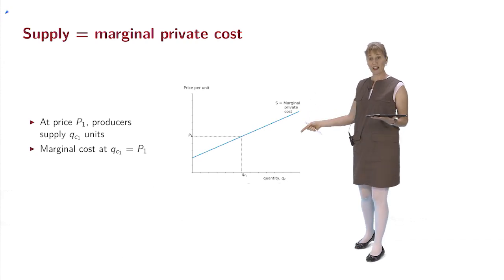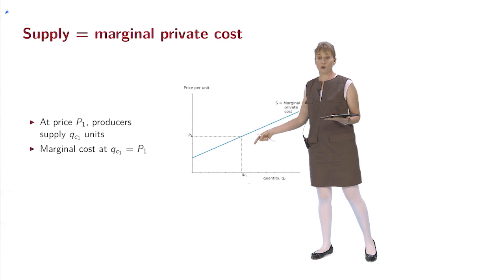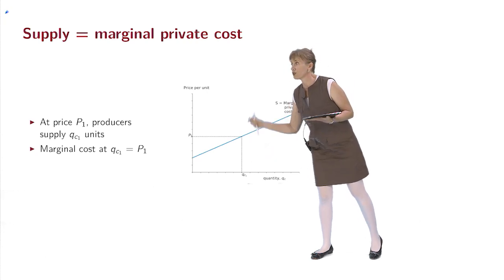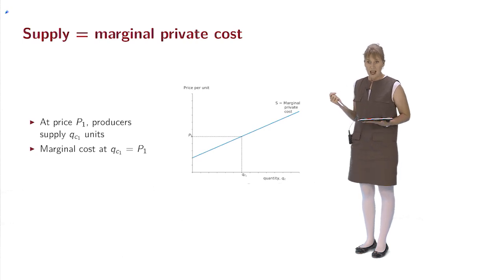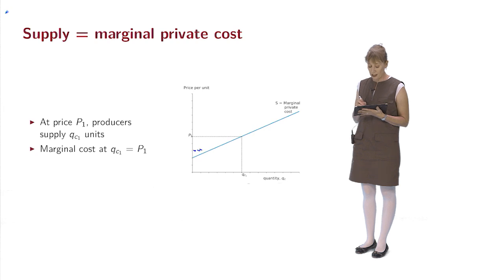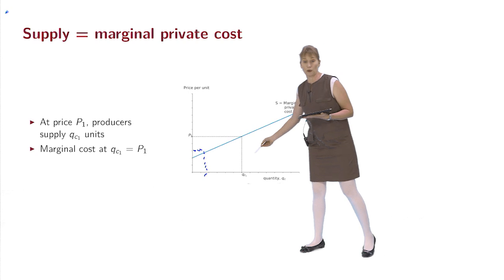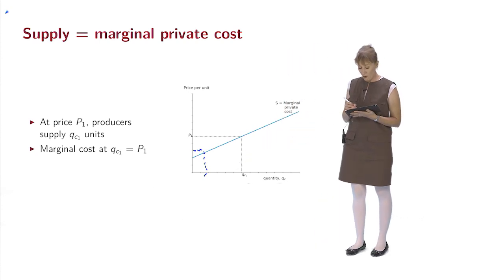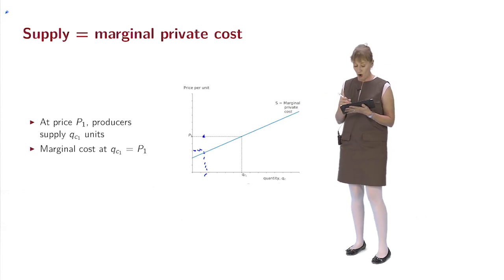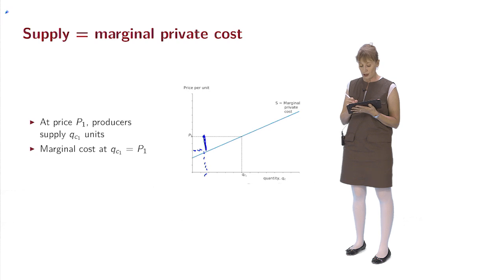At a price of P1, firms are willing and able to bring QC1 units of this good to market. Now, had the price been lower, down here, firms would have been willing and able to bring a lower quantity of this good to market. However, firms get to collect price P1 for all of the units sold.